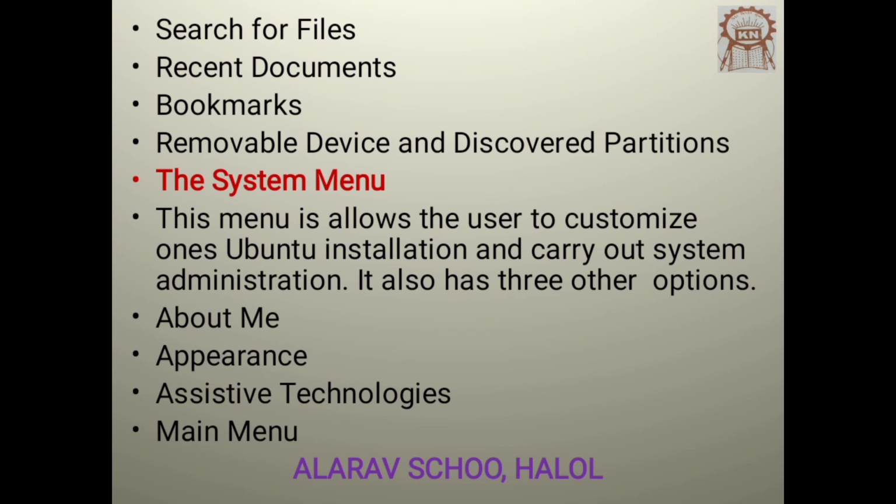Next, Assistive Technology provides special programs and settings to help physically challenged people use the computer. Main Menu options allows us to decide which items appear in the menus and which items do not.